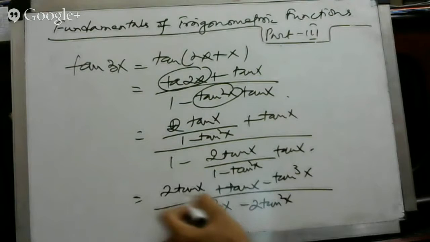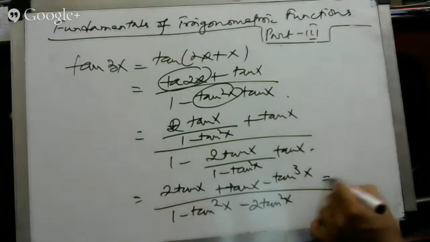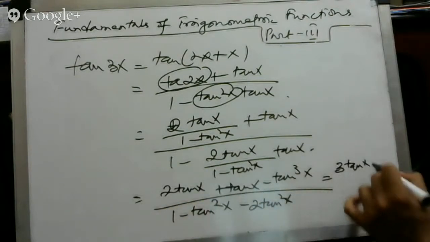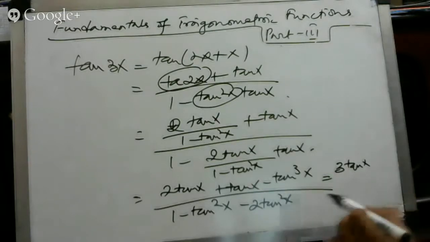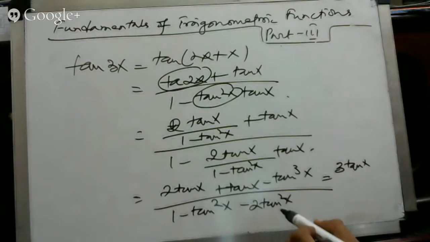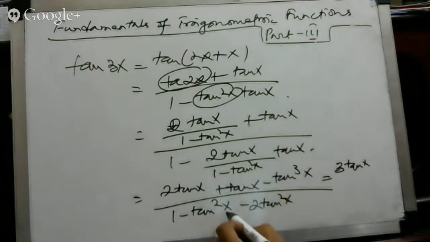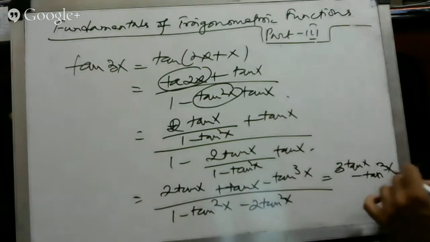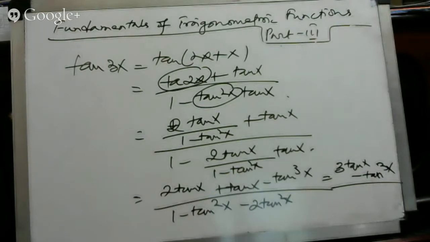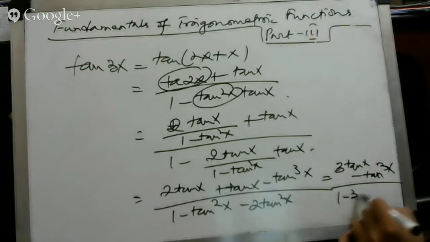So if we simplify further, it becomes 3 tan x minus tan cube x divided by 1 minus 3 tan square x.